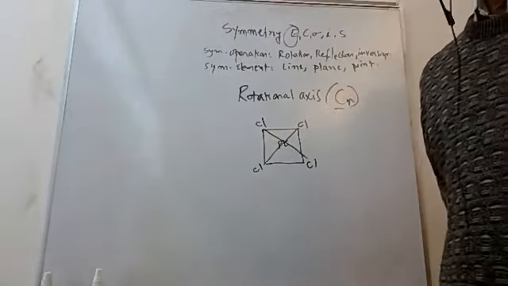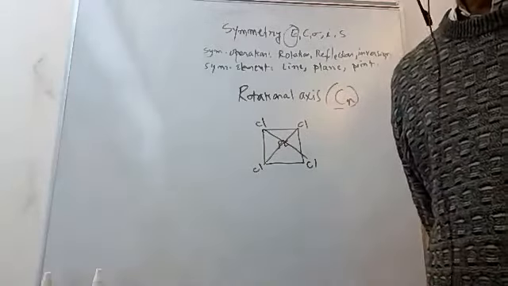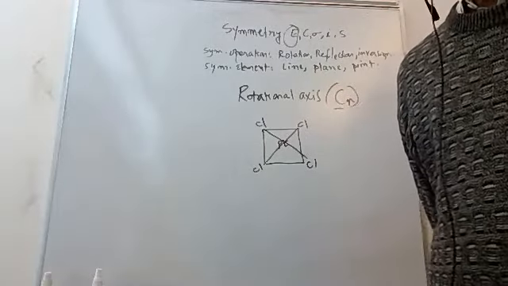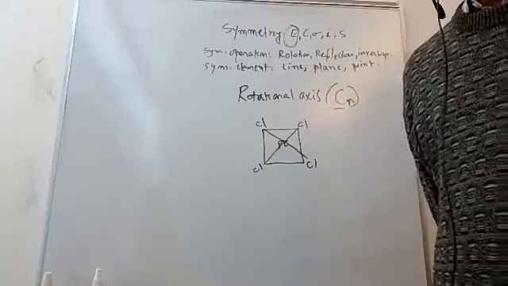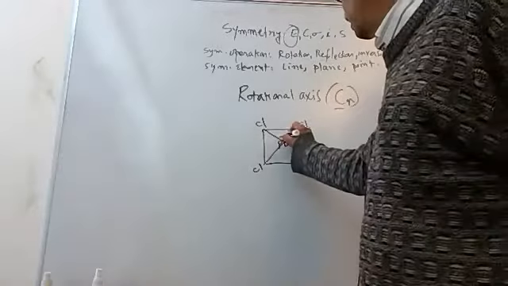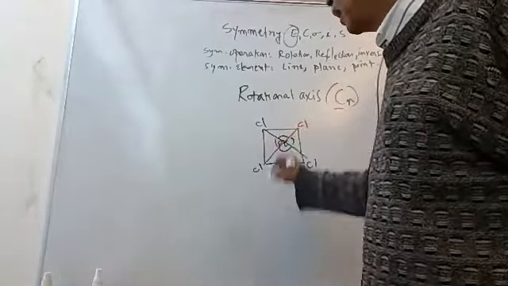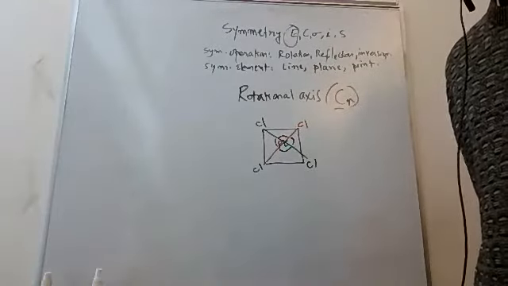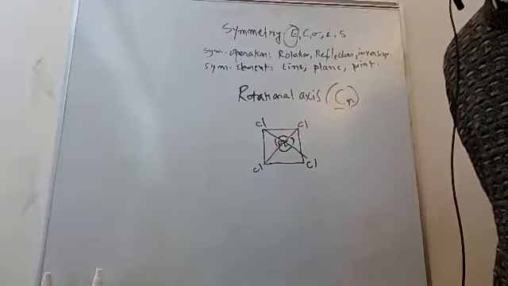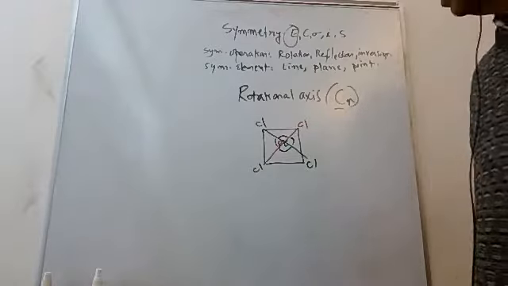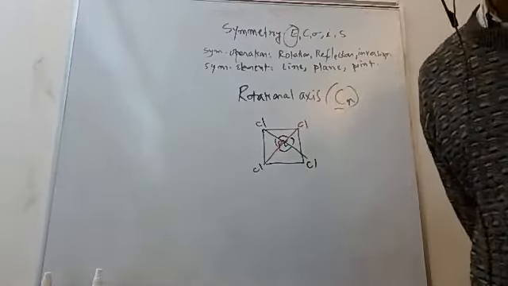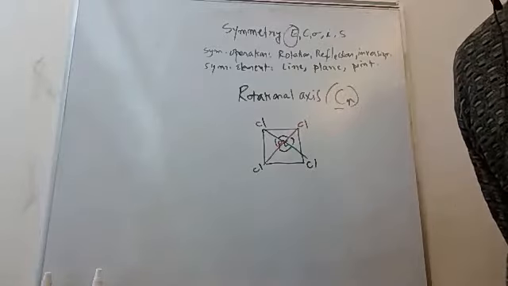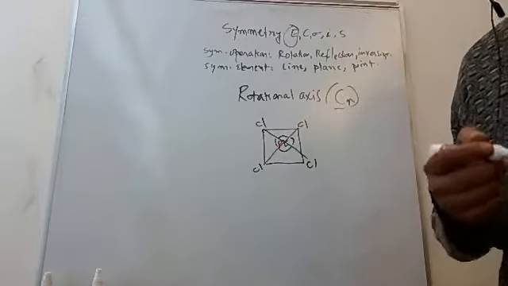What does it have? What is the highest fold rotational axis of symmetry? Understand, these are all 90 degrees each. Unlike BH3, where we had 120 degrees, in PtCl4 we have a 90-degree bond angle. So, yes.